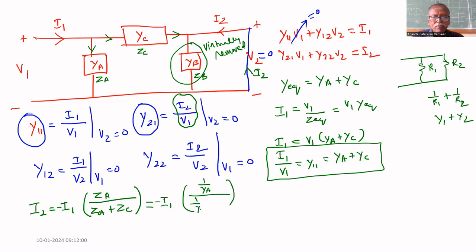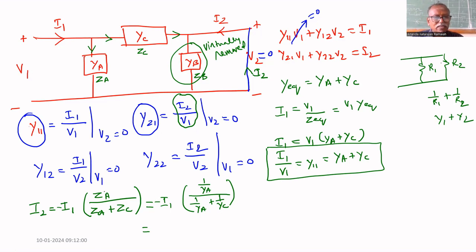Am I correct or not? So minus I1 multiplied by 1 by YA divided by 1 by YA plus 1 by YC. That is the current dividing theorem. In terms of Z, it is the other branch impedance divided by the sum of impedances. For admittance, it is 1 by the other branch admittance divided by 1 by YA plus 1 by YC. That way we have to write.